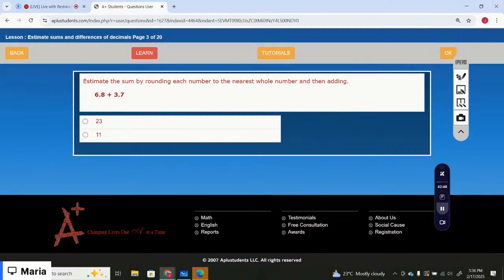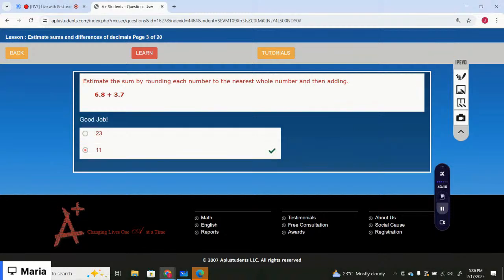6.8 plus 3.7, which is the correct option? 6.8 is rounded off to 7 and 3.7 to 4. That is 11. Option number 2 is the correct option.